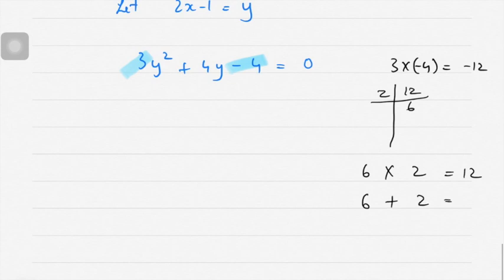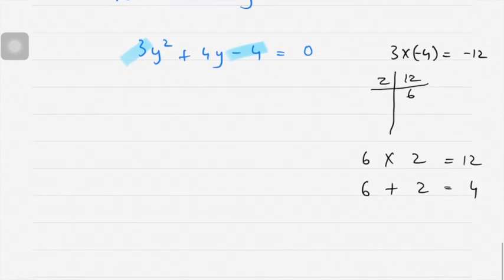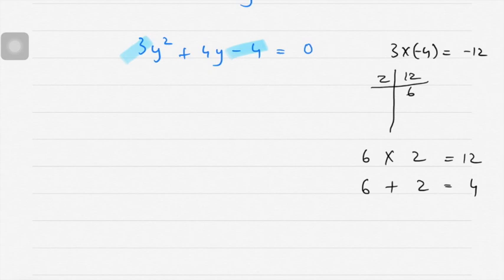So 6 into 2 is 12. Correct? And 6 plus 2 has to be 4. But I want minus 12. So minus 6 into 2 is minus 12. And I need plus 4, correct? So that means I will put the minus sign on the smaller number, not 6.